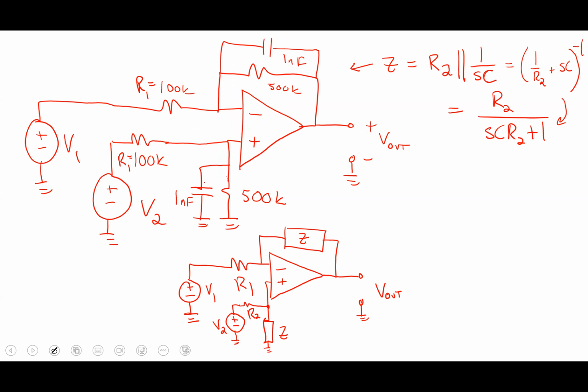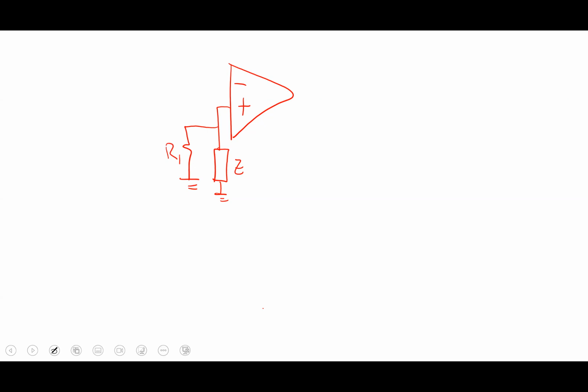Well, I could do a KCL. So I got Z. If I turn off V2, then this guy here goes to ground. Looking at this, if I turned off V2 here, then I'd have that resistor to ground, and this guy was R1. They're the same value. Okay. So it's just that.